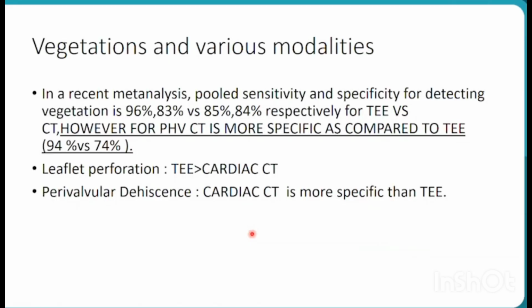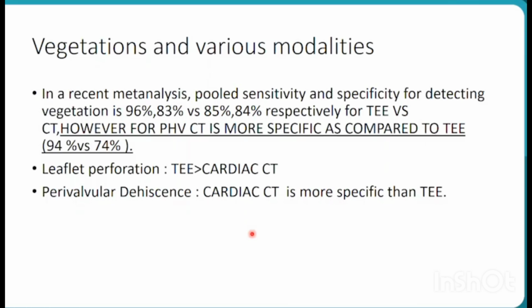Coming to the patients that are commonly referred here for infective endocarditis involving the prosthetic valves, which modalities to go about depends on what pathology is being suspected.